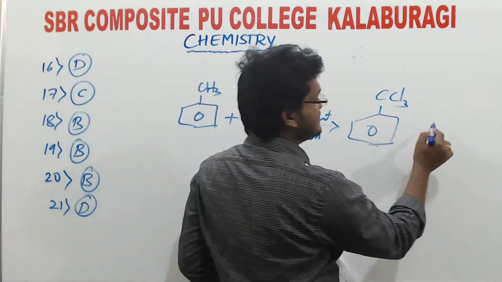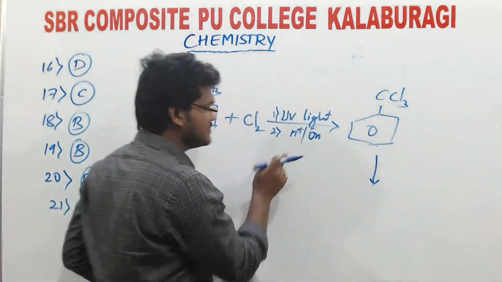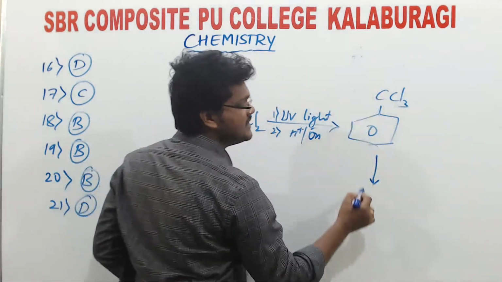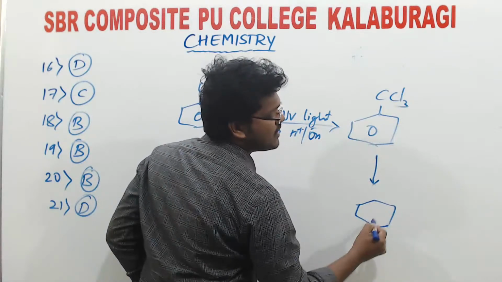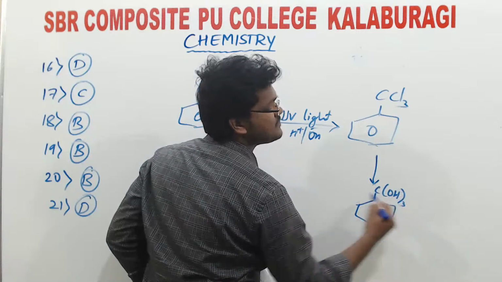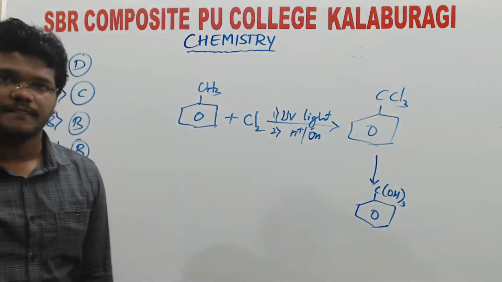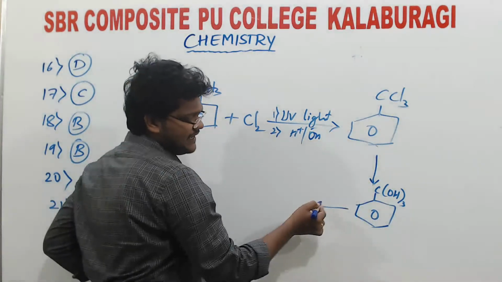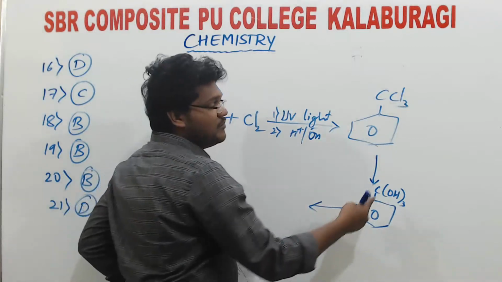So on hydrolysis, those 3 chlorines are going to be replaced by OH groups. So this compound is highly unstable. Why?